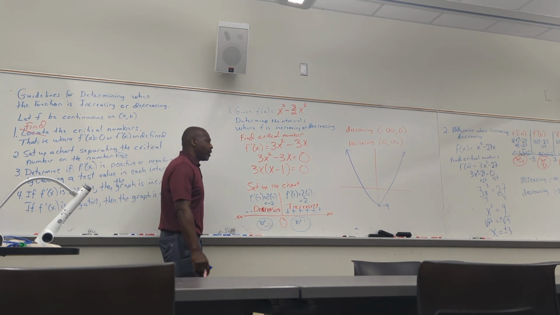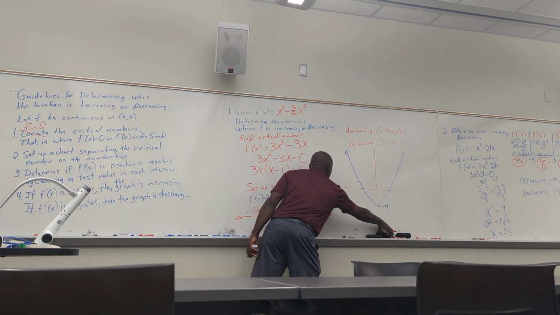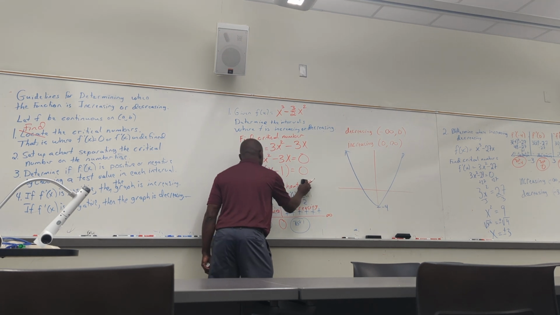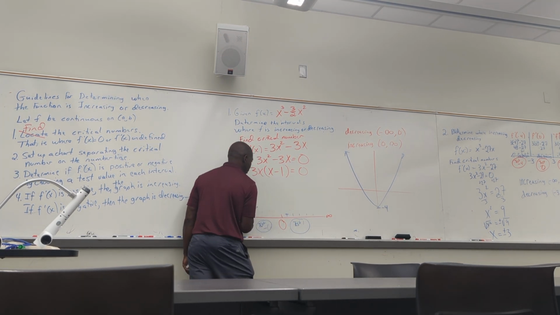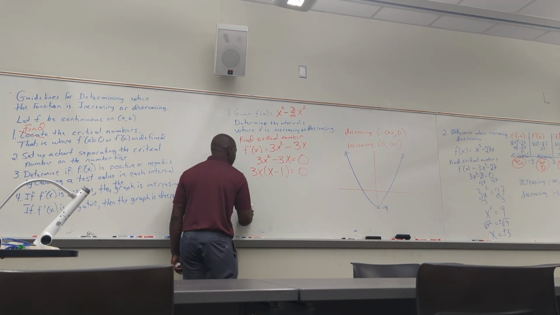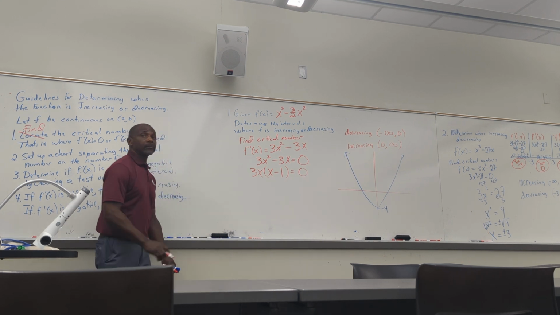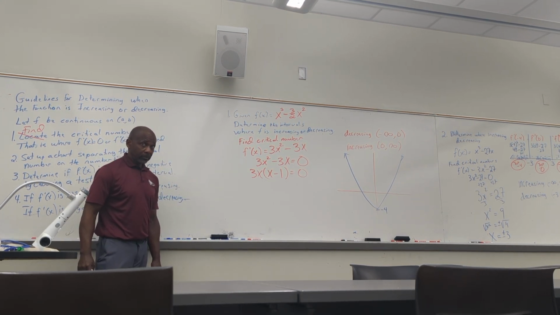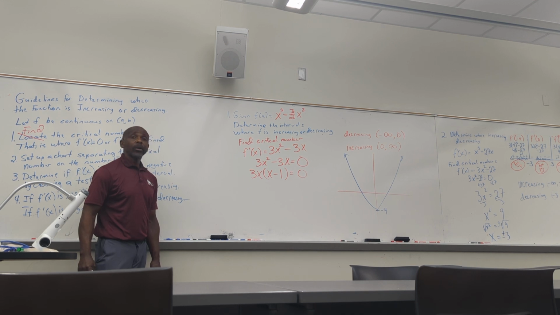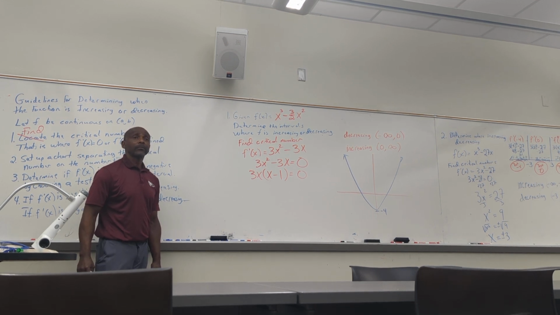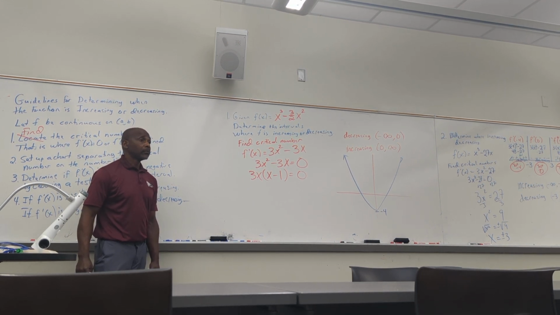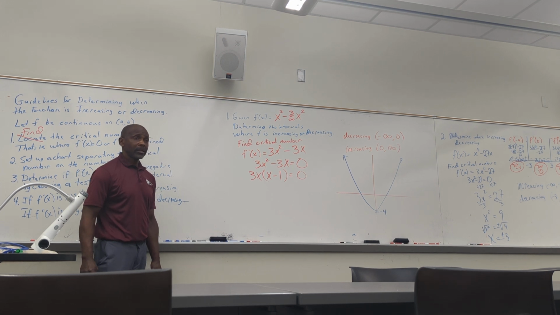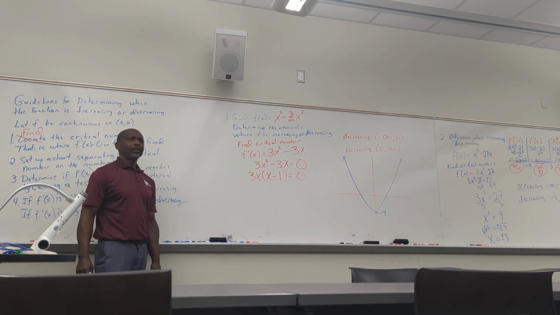I still need to solve for x. How can I do it? Okay, back to what the x values are. What are my critical numbers? How'd you get 1? Well, you have to set each factor to 0.